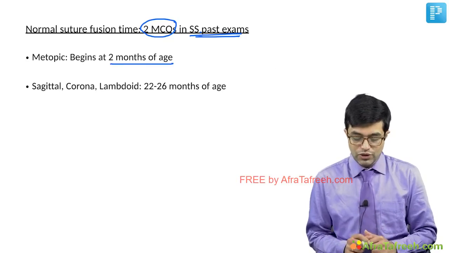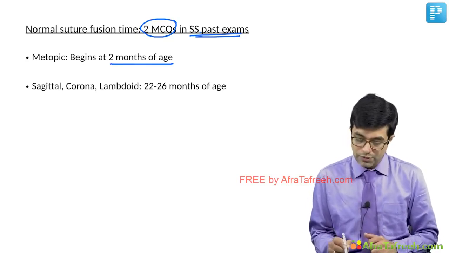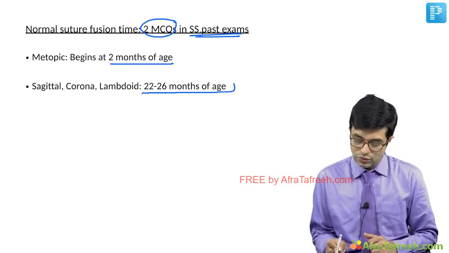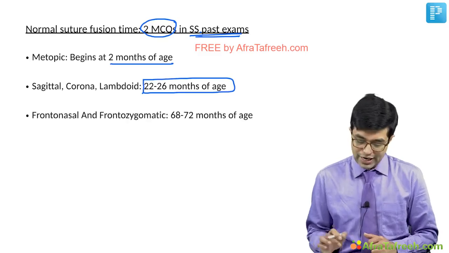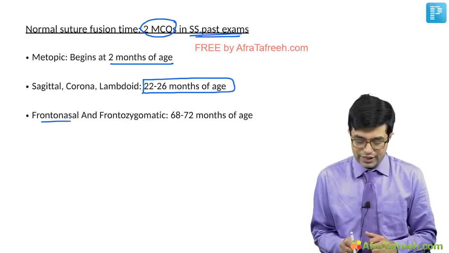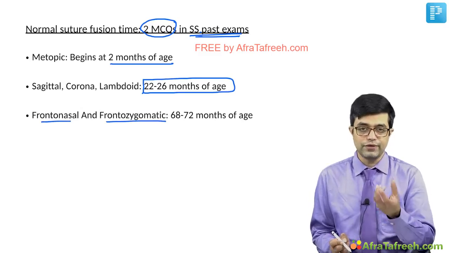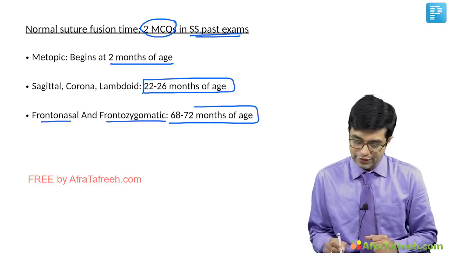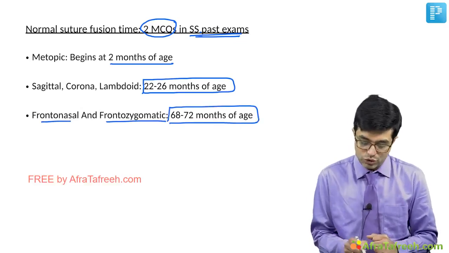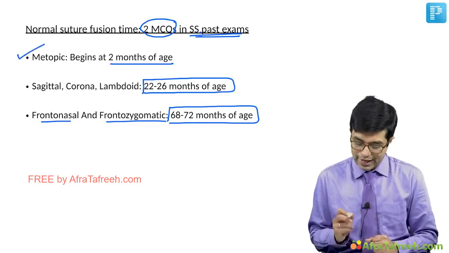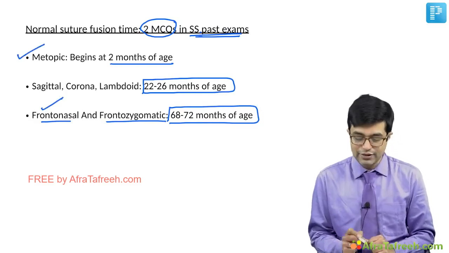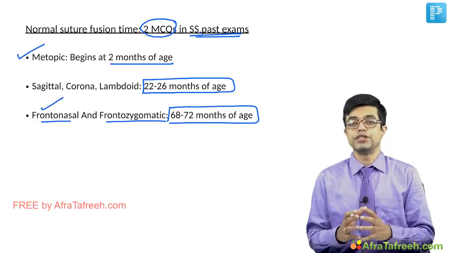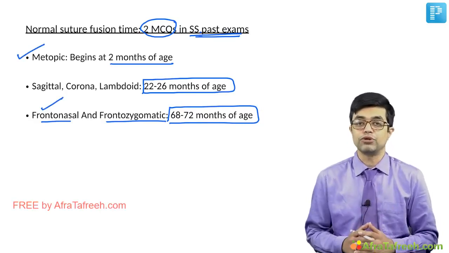The sagittal, coronal and lambdoid suture, the normal suture fusion time is 22 to 26 months of age. And the frontonasal and frontozygomatic are the last ones to fuse in a child, that is 68 to 72 months of age. So when metopic suture closure begins, and when frontonasal suture closure begins, are the old MCQs which have been asked. You need to remember that for your entrance exam.